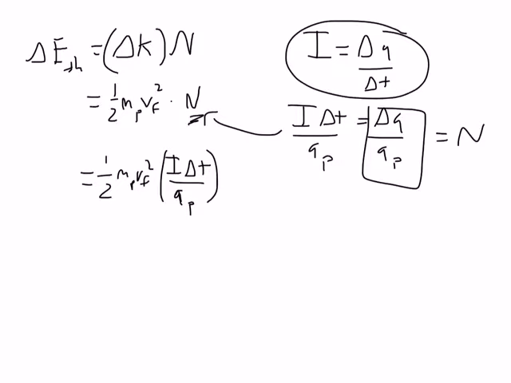Right? And these are, again, all numbers that we know, right? The delta t is the 1 minute time interval. The mass and the charge of the proton are on the equation sheet, and the final velocity is the speed we're given, and the current is the current that we're given in the problem. So you can plug all those numbers in. I'm not going to write them all out because it actually takes kind of a lot of stuff this time.